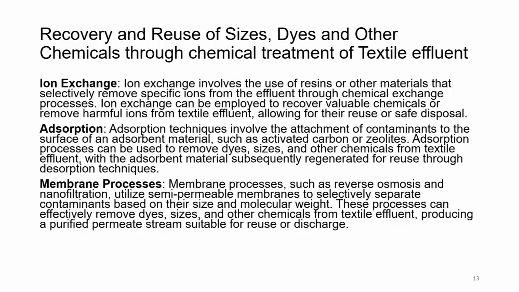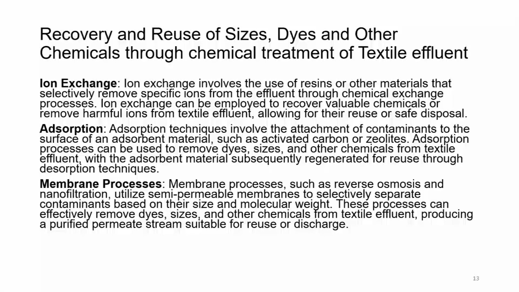Membrane processes. Membrane processes such as reverse osmosis and nanofiltration utilize semi-permeable membranes to selectively separate contaminants based on their size and molecular weight, and this we have learned and understood very well. These processes can effectively remove dyes, sizes and other chemicals from the textile effluent, producing a purified permeate stream suitable for reuse or discharge.